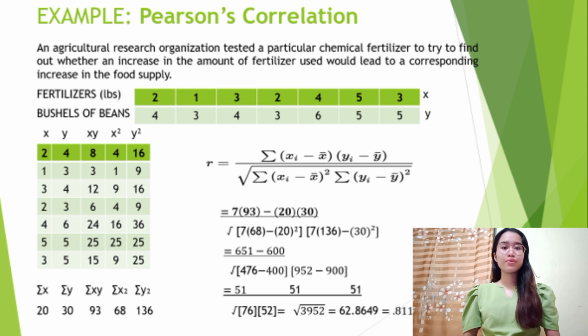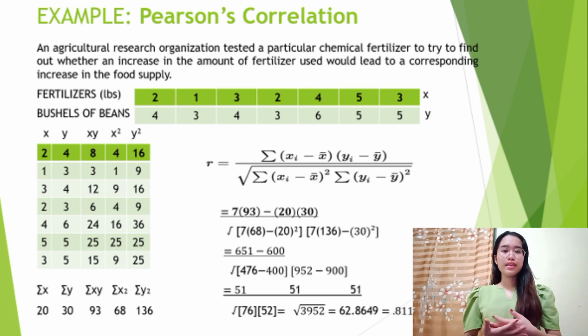Now we need to think about who's going to be x and who's going to be y. In this case, the fertilizer is going to be x because that's independent of how many beans will be produced. So these will be x and these bushels will be y.